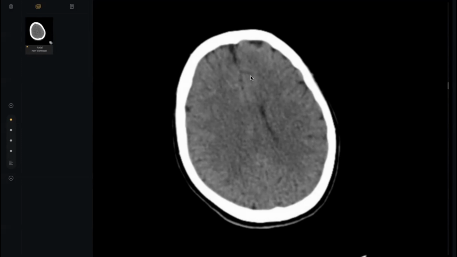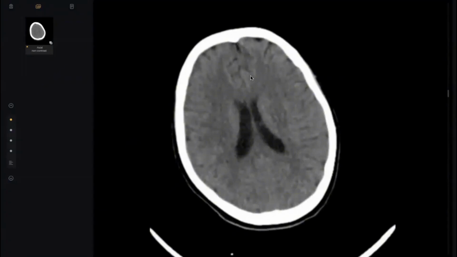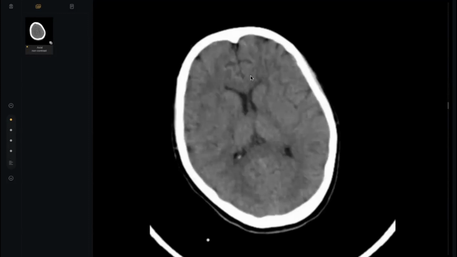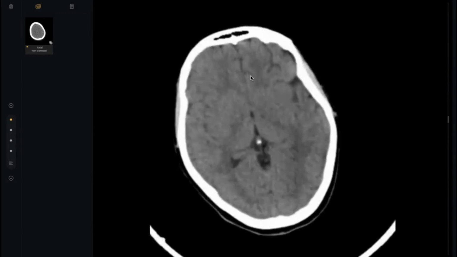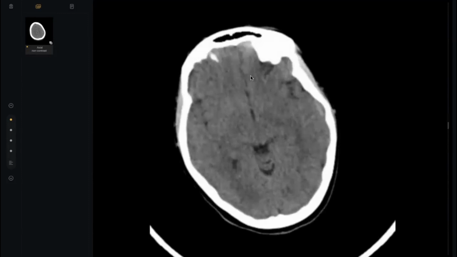I would like to change the window of the study to characterize further the ventricular system. I would also like to know if the patient has any history of mental retardation.